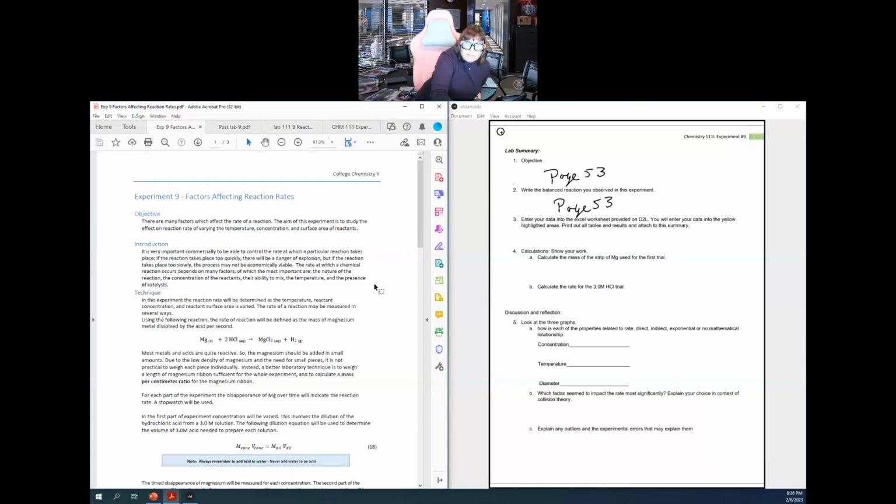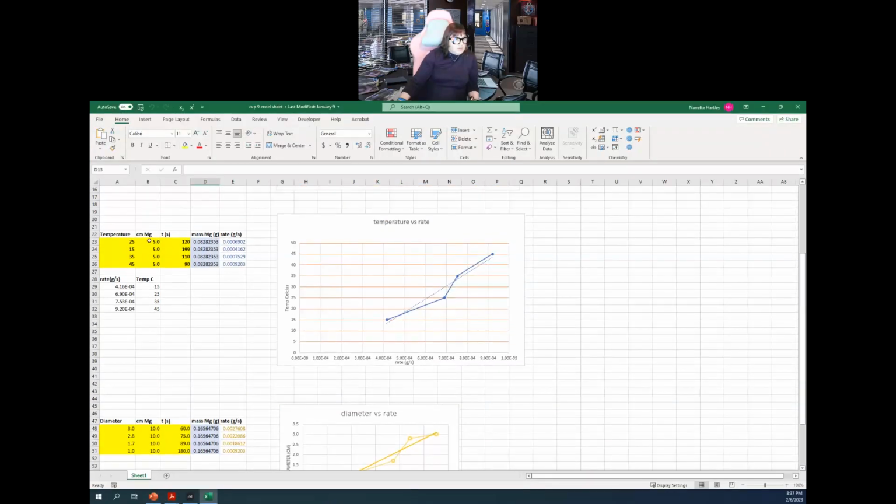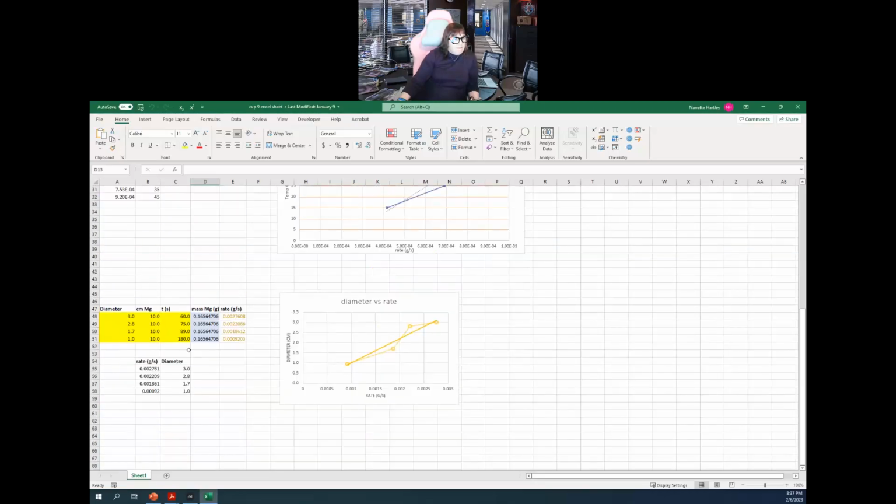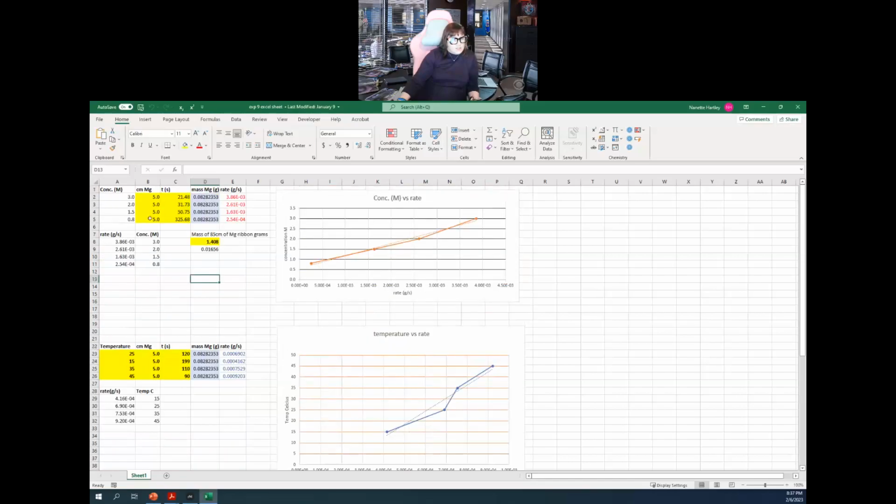Enter your data into the Excel worksheet. So again, we're going to be looking to put that data, temperature, the centimeters, and the time, diameter, centimeters, and time, and then concentration, centimeters, and time. Okay, so that's what we're looking at there.